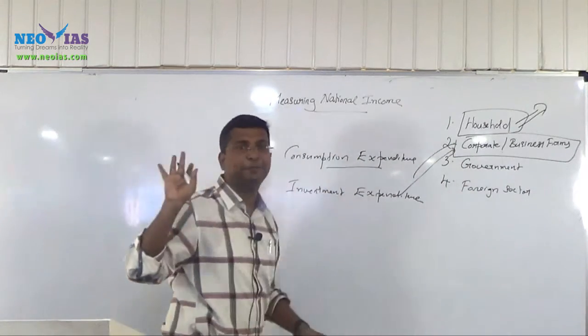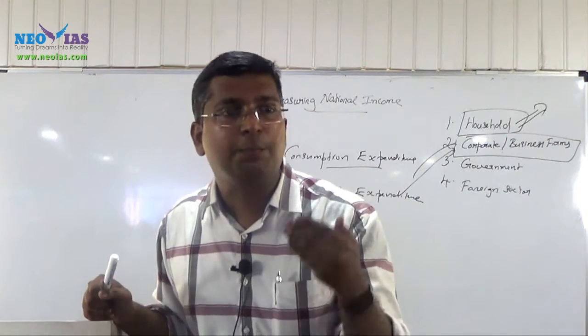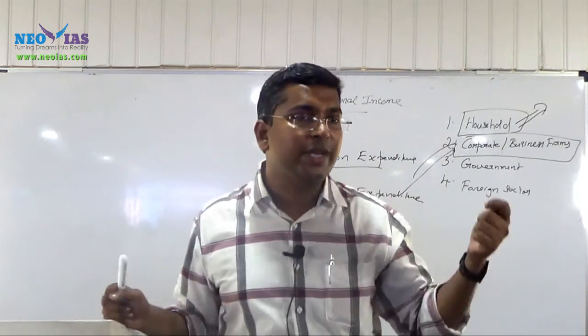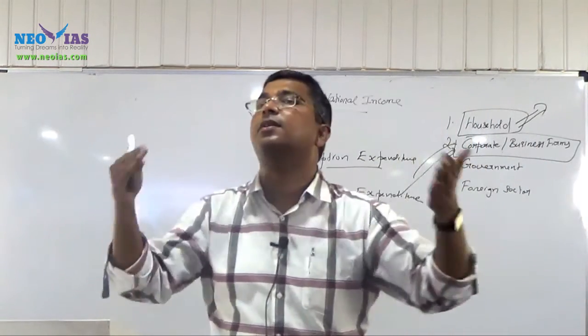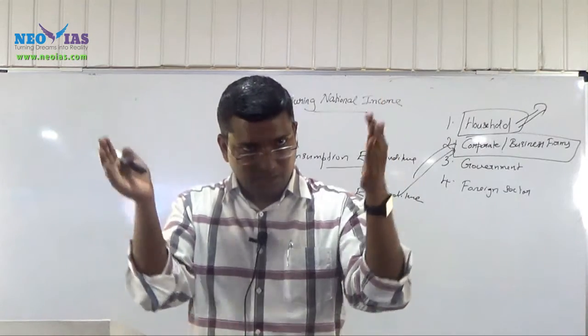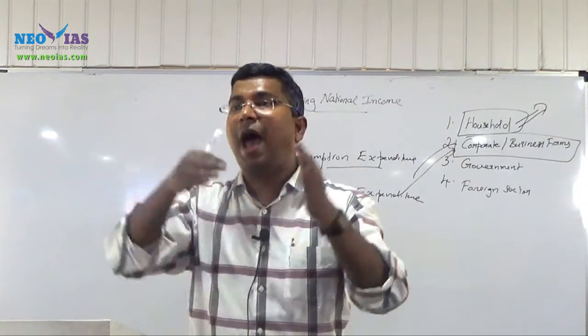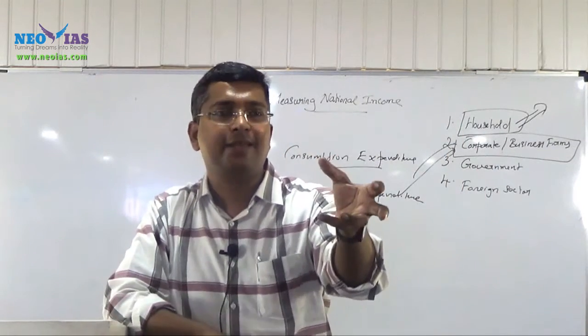It's very simple. Investment expenditure is expenditure made by the corporate firm or corporate sector or business firm. Consumption expenditure is expenditure made by the household sector or individuals, their total sum. Now if you add consumption expenditure, investment expenditure, government expenditure and the foreign sector expenditure, you will get national income.